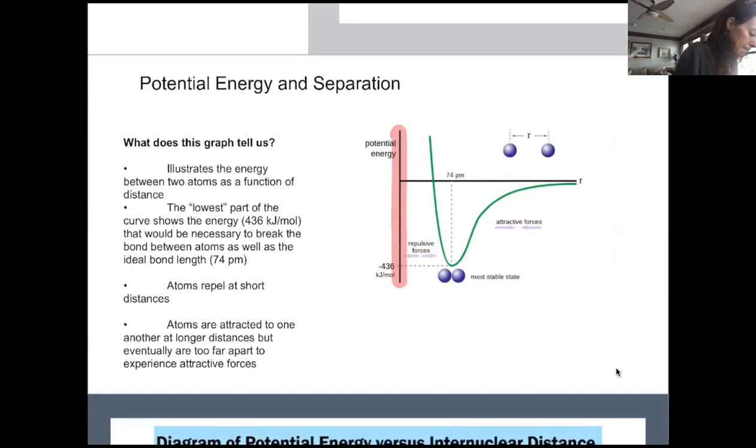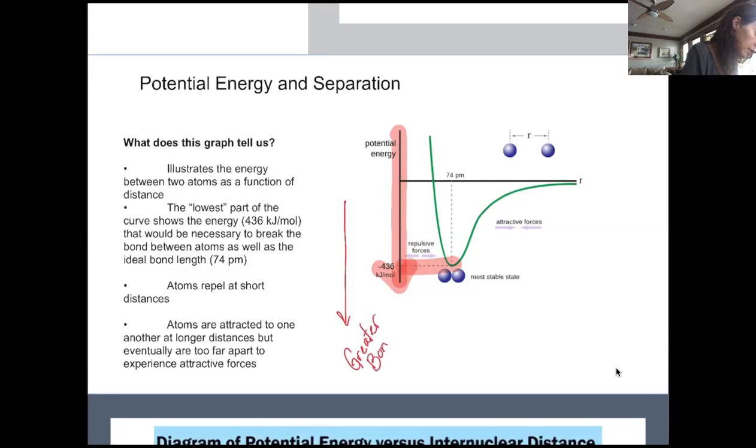Notice the most stable state is the state with the lowest potential energy. How far down you are is going to relate to your bond energy. Further down has a greater bond energy.